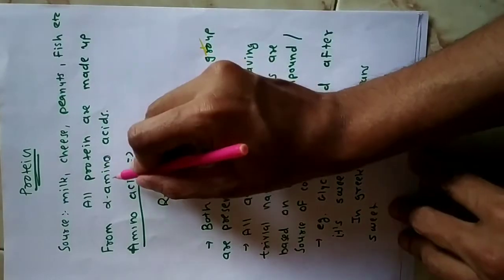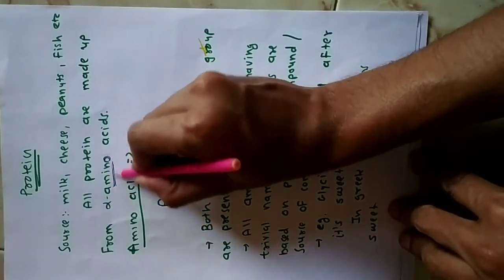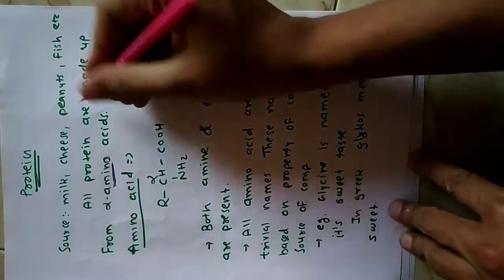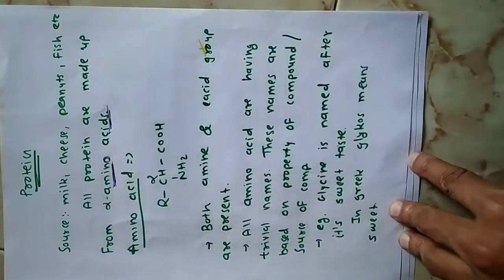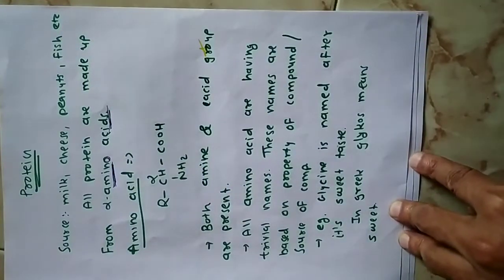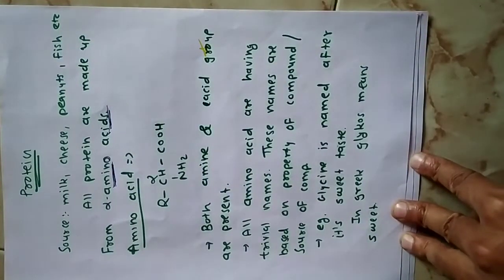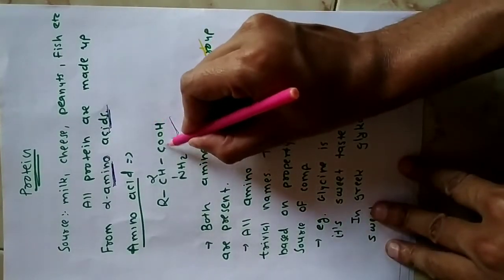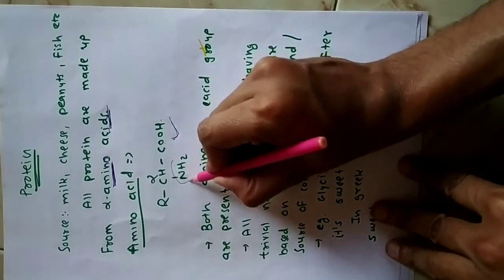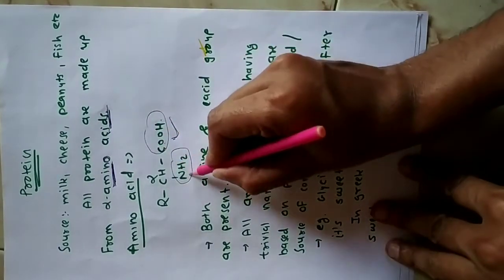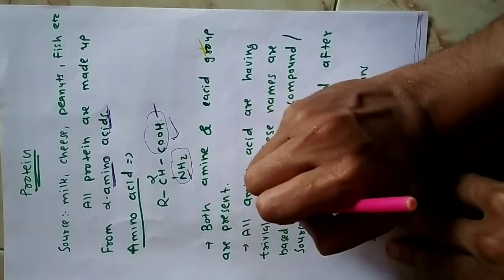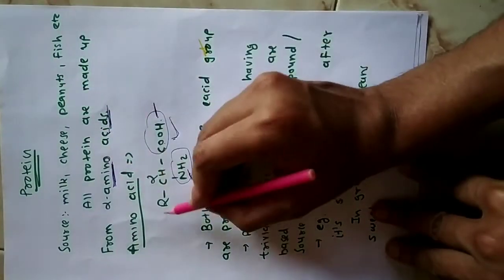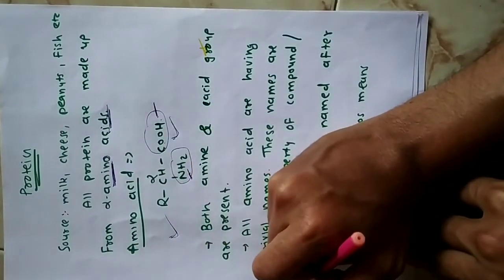The name itself says amino means amino group and acid means carboxylic acid group. Both groups must be present in the same structure. As an example, you can take this. You can see here COOH is there and NH2. Amino group and carboxylic acid group are both in the same structure. So this structure is called an amino acid.